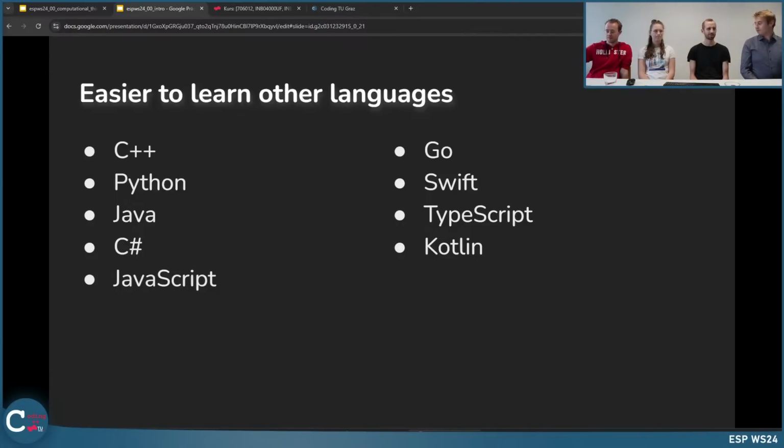Yeah, there's actually quite a huge discussion about what to start with. From our perspective, when you start with C, the bridge to other languages is very easy. Yes, of course, starting with C might be harder than starting with Python, but when you know Python, you have a hard time changing to C. When you know C, you can very easily switch to other languages.